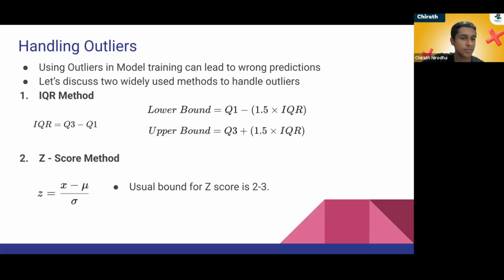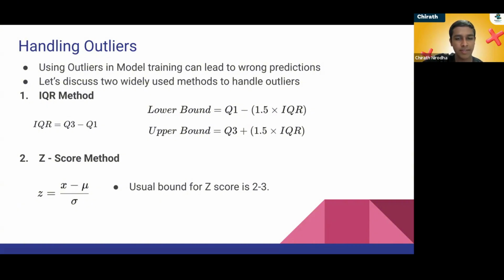The Z score method. So we know the Z score, like we can calculate the mean and the standard deviation of a data set, and we can calculate the Z score for each value. And if the Z score of any data point is above a threshold, then we consider it as an outlier.